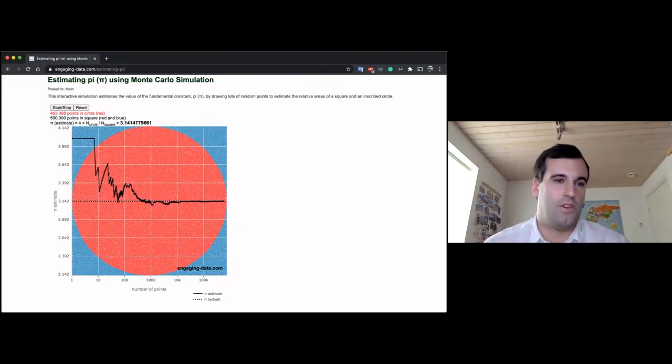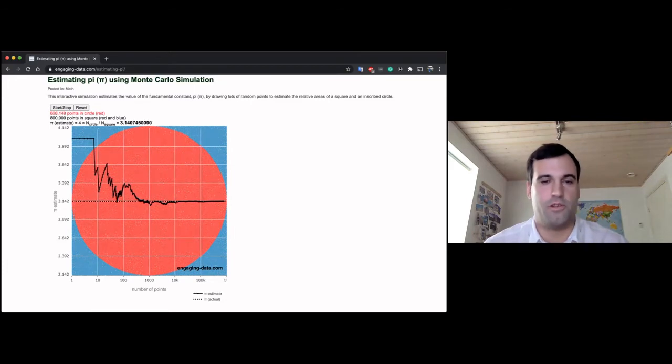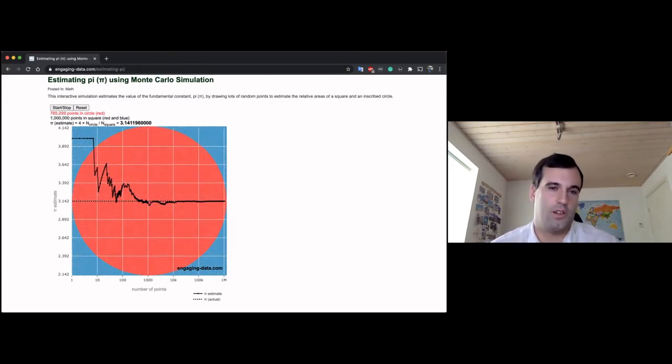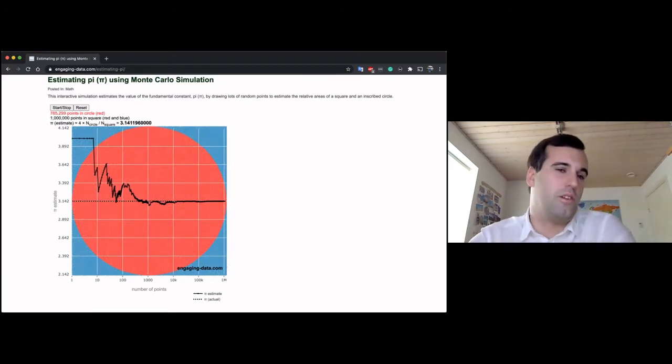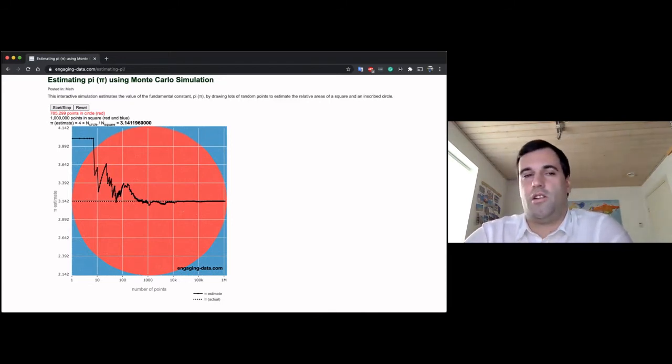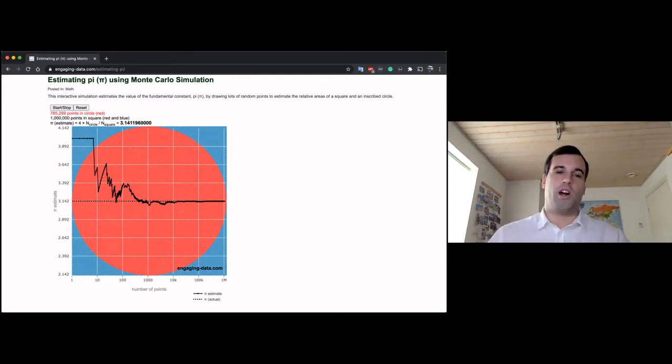Now we have almost 1 million points, and the estimate seems to be pi, 3.141, which is more accurate than a percent or even a per mil. So this is the idea behind Monte Carlo integration.